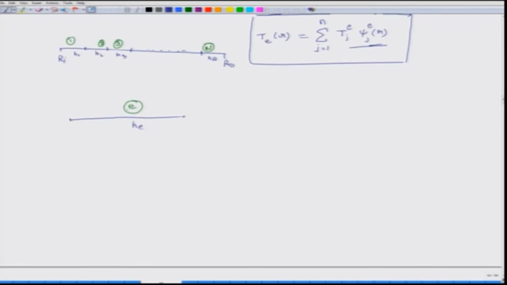There are a total of n polynomial functions associated with this element that help characterize how T varies over the eth element.